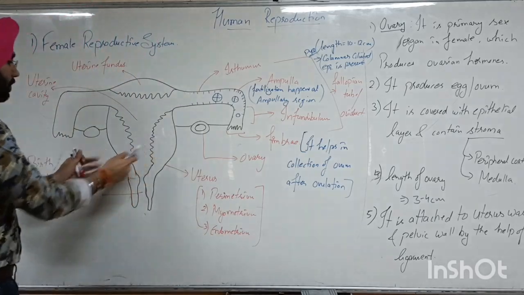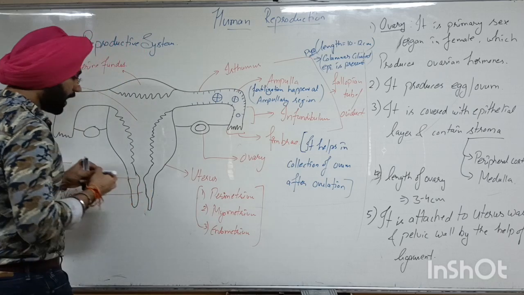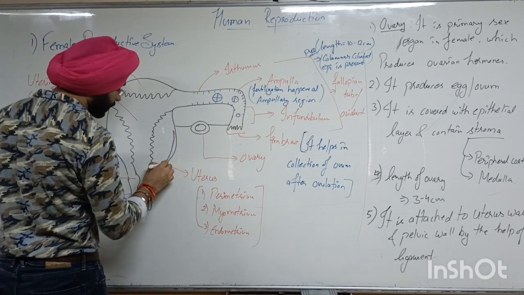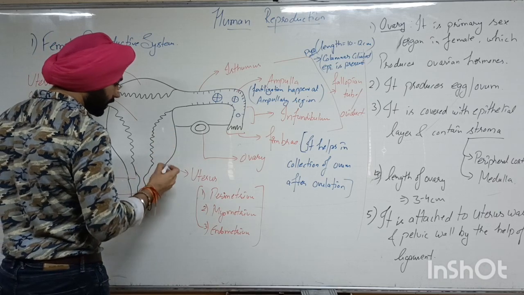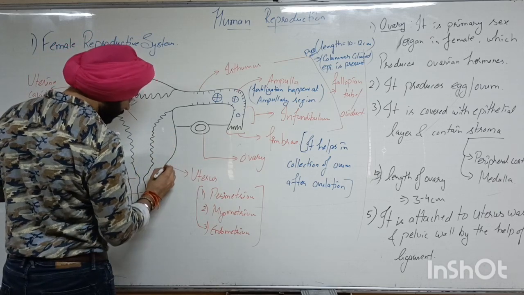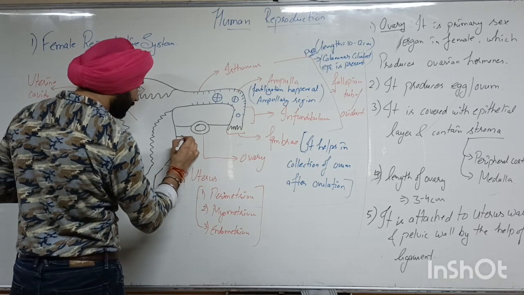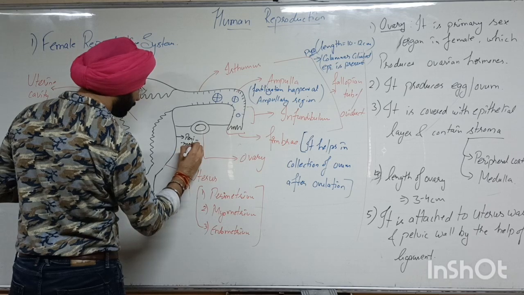Now if we talk about the uterus, it is made up of three layers. The outer one, the black one, is known as the perimetrium.